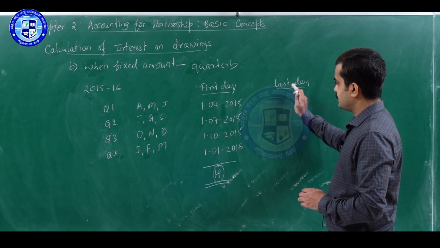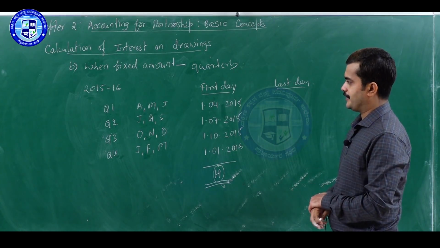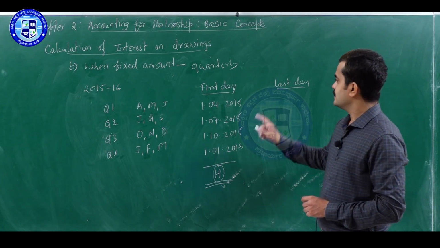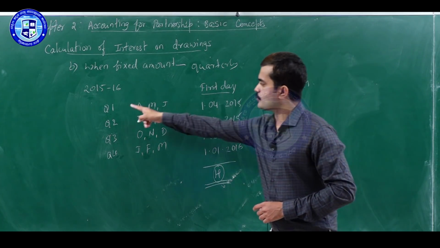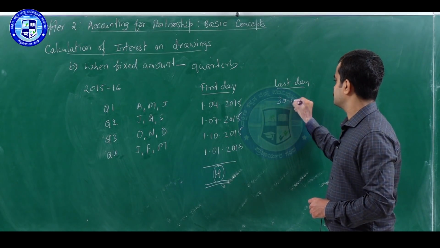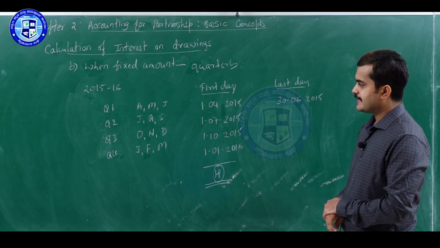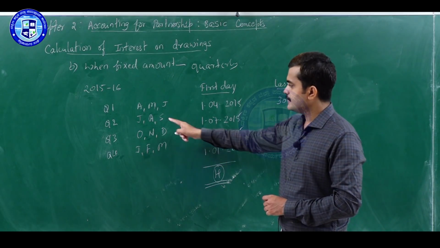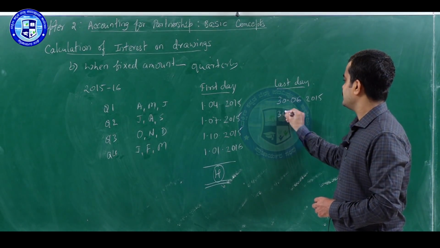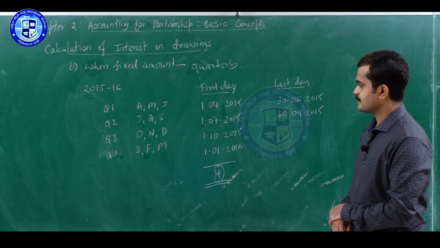Coming to the other case, last day of every quarter. So, the first drawings will take place on the last day of the first quarter, that is June 30th, 2015. The second withdrawal will take place on the last day of Q2, that is 30th September 2015.